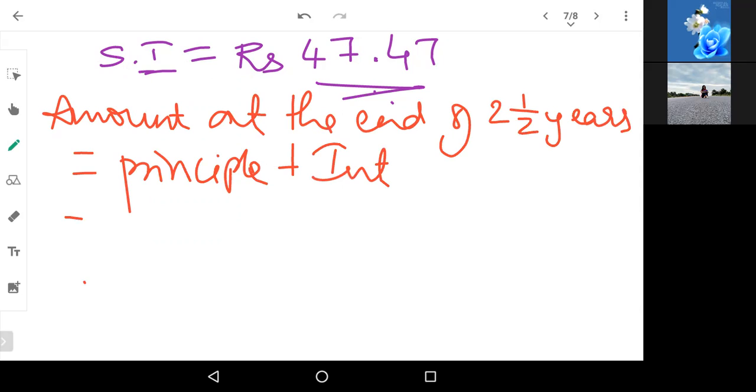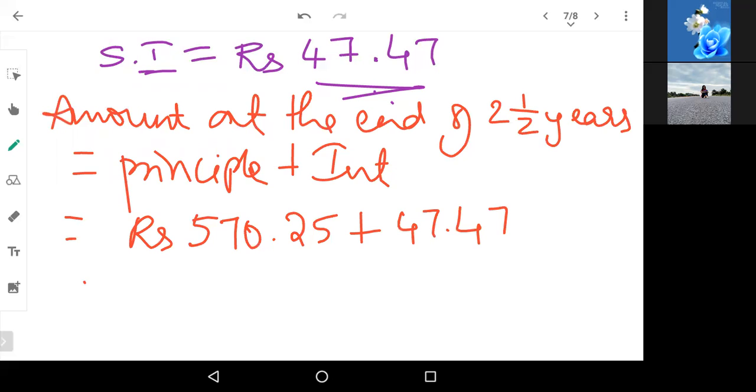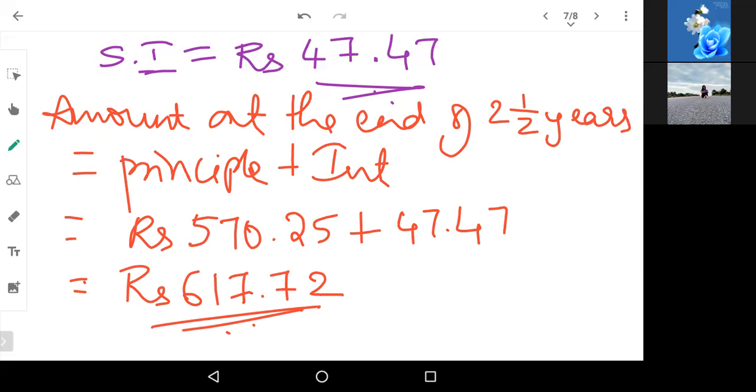So what was the principal? 570.25 plus 47.47. How much do you get? Amount will be rupees, correct, 617.72. This will be the amount at the end of 2.5 years.